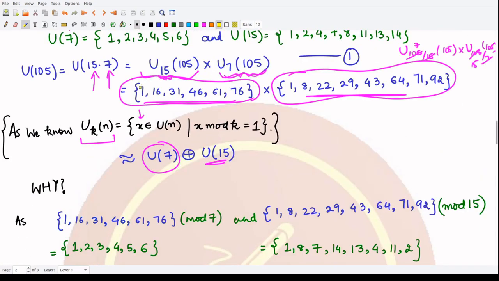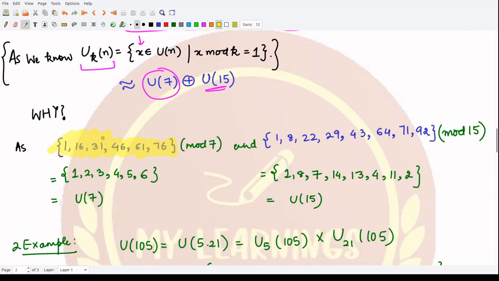So according to this result, you see your set, this one which I have listed over here, when you calculate mod 7 of this set, that means you are dividing each element here by 7 and taking the remainder. So you see, you get 1 here, 14 goes on 7, so 2 is left behind.